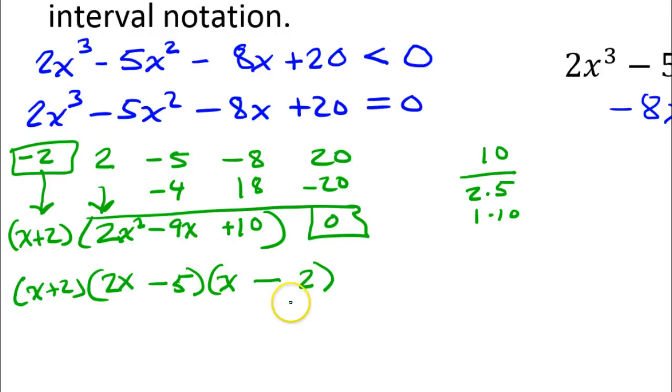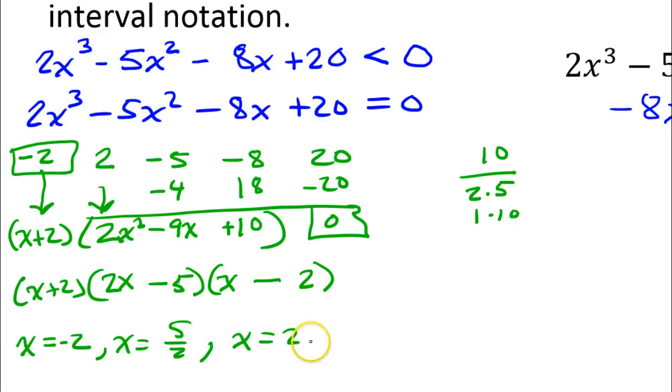So now I have factored it completely. If I set each one of these equal to 0, I'm going to get my x-intercepts, my zeros. I will have the -2, which I already had, but I will have x equals 5 over 2, adding 5, dividing by 2, and I'll have x equals positive 2. So these are my x-intercepts.